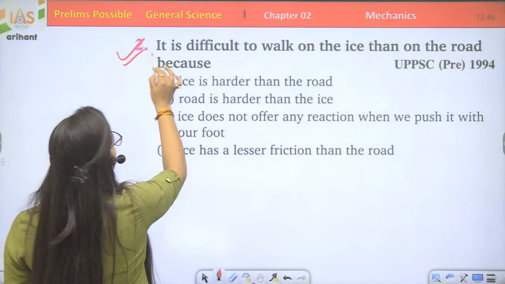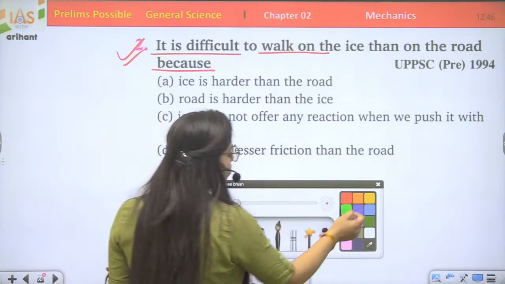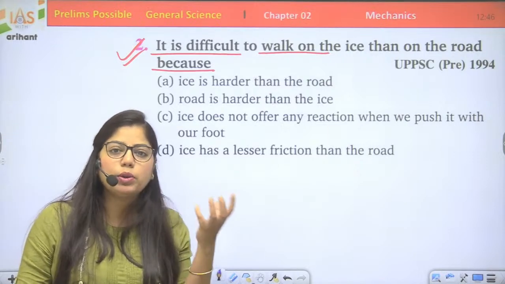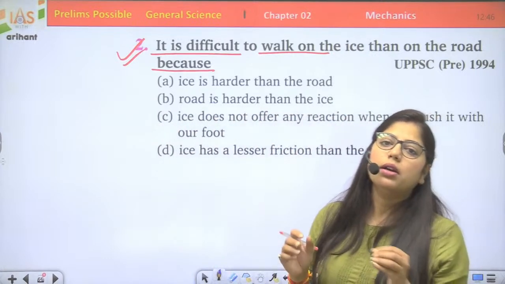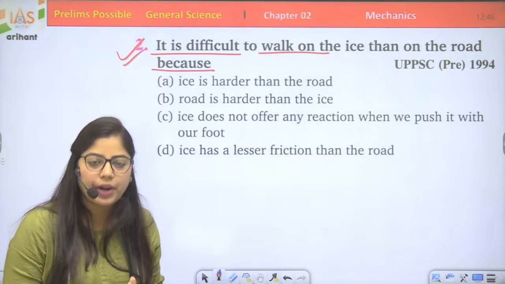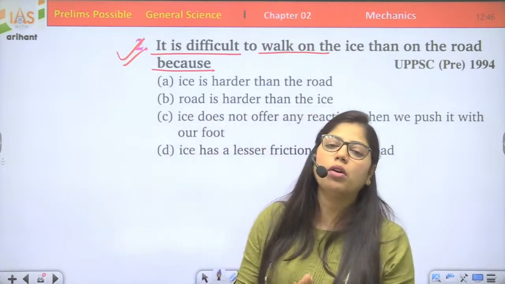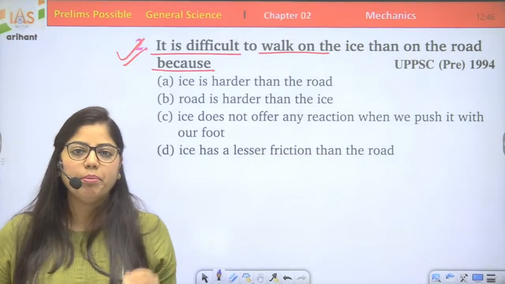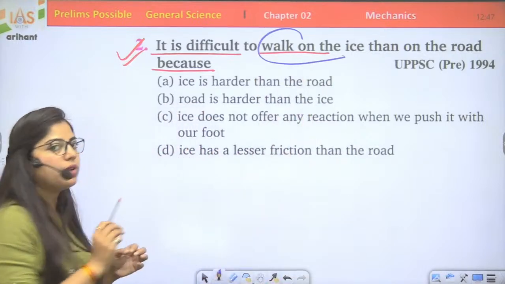Next question. It is difficult to walk on the ice than on the road because. Why is it so difficult to move along a very smooth path, but we are very comfortable moving on a rough path? Because of the friction. Friction works best on the rough path. When we are walking on the road, we can easily walk, but when we're talking about walking on ice or snow, it is really hard.